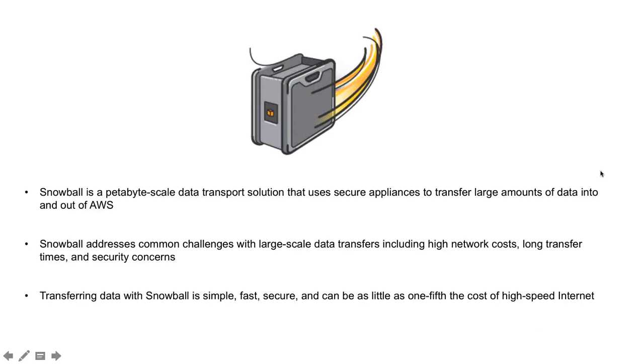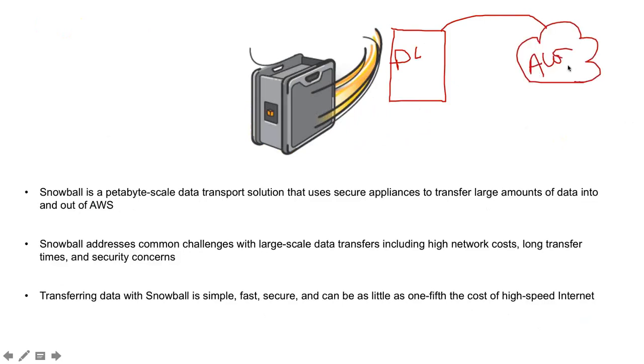Now, let's take an example. Let's go back again. This is your own data center. And you decide that you want to migrate your entire infrastructure from your data center to the Amazon Web Services cloud.